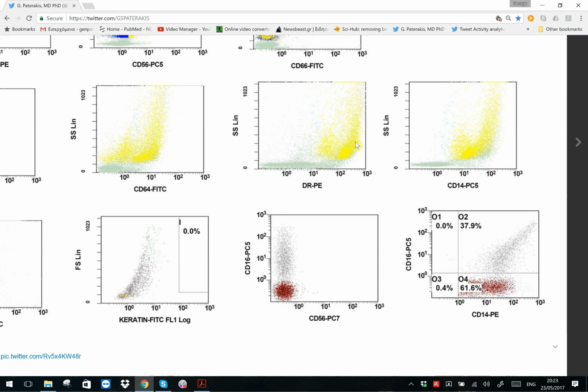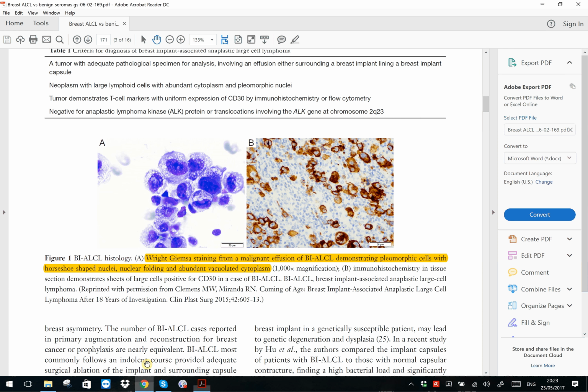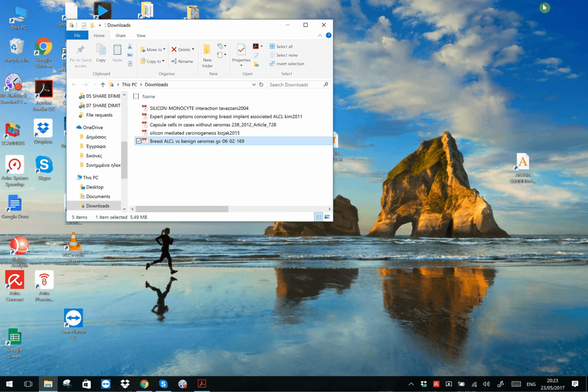And if we go back, we can see again that though anaplastic large cells look like monocytes, the case here resembles monocytes, as we can see that the cells have foamy cytoplasm. We can go back and have a look again in morphology.